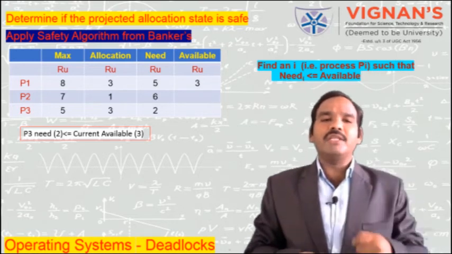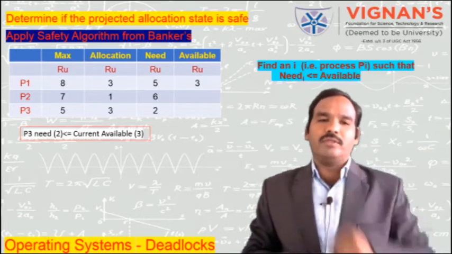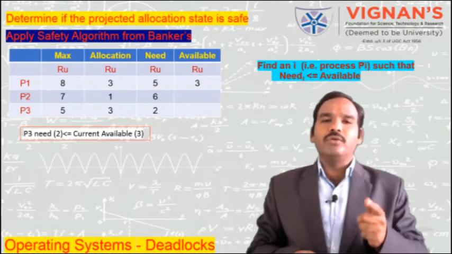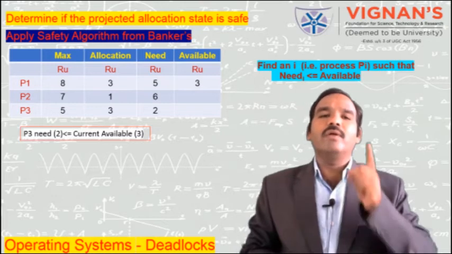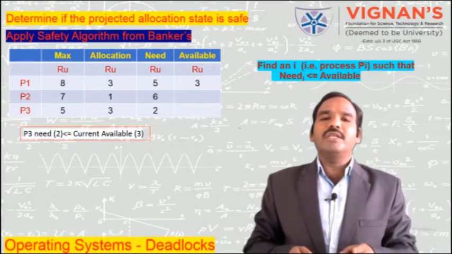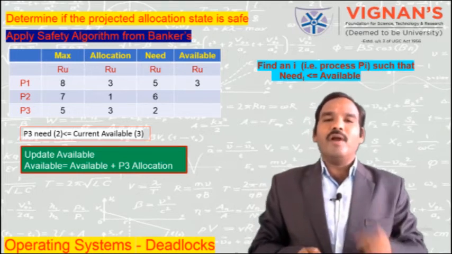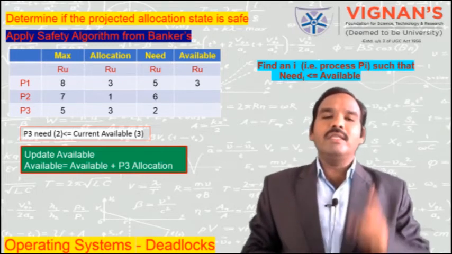For every iteration, we select one process. P3's need is 2, which is less than or equal to the current available, so this condition is true. Therefore, update the available. What is the formula?